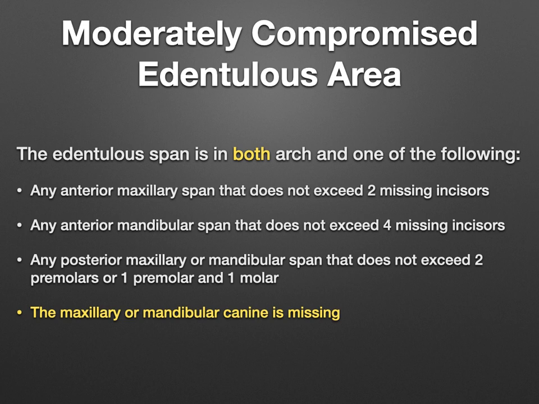On the posterior teeth, upper and lower are the same. It shouldn't be over 2 premolars or 1 premolar and 1 molar. However, if the missing tooth is the canine, on the upper or the lower, then it will also be considered a moderate compromise edentulous area.